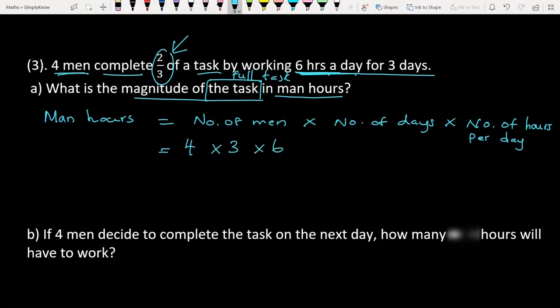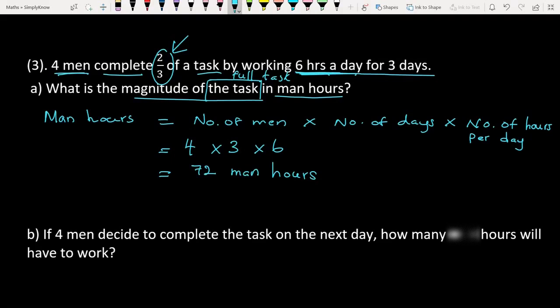And how many days they work? 3 days. And what is the number of men? It's 4. So when you multiply all 3 together, you will get 4 times 3, 12. 12 times 6 is 72 man hours. Now we found our answer in man hours.